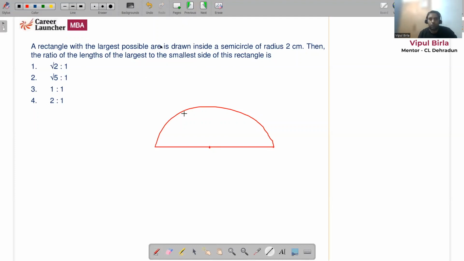Now, going by symmetry, if we draw a rectangle, say this is the rectangle, this is the center, let's say this is O, and this radius is given as 2. So by symmetry, let's name it as A, B, C, and D.